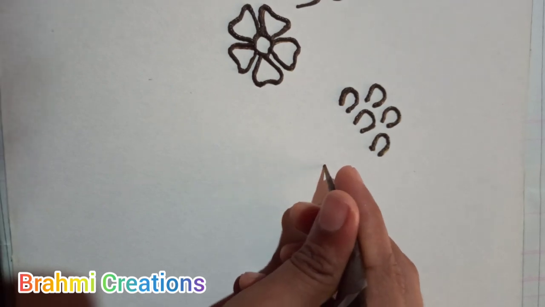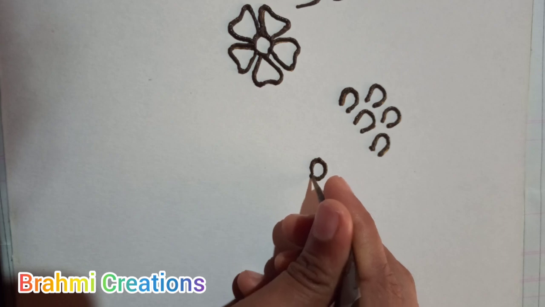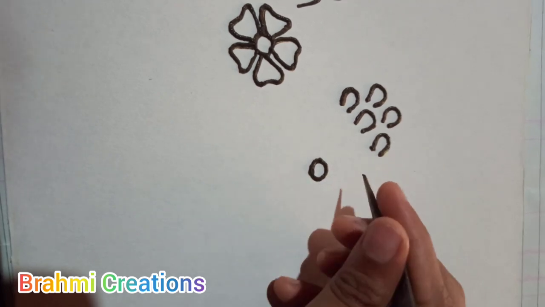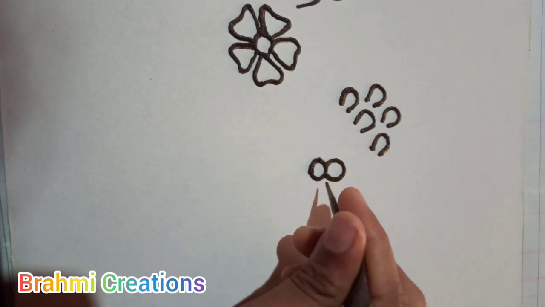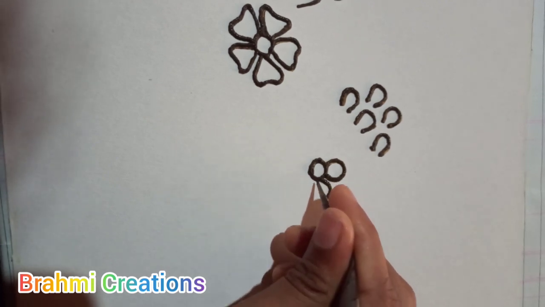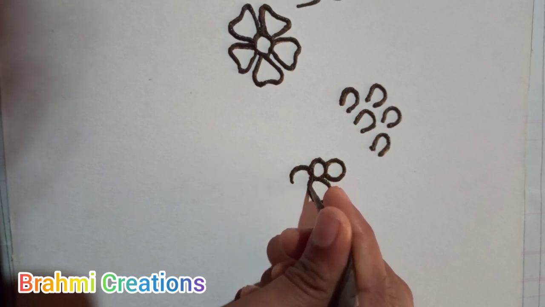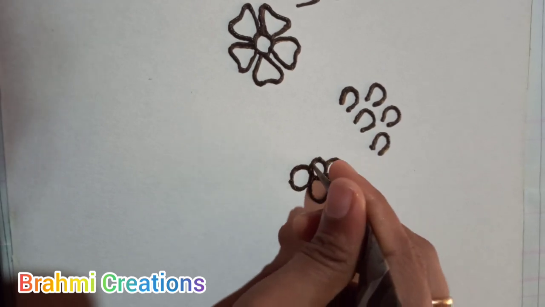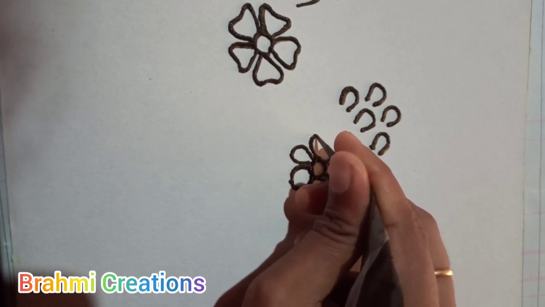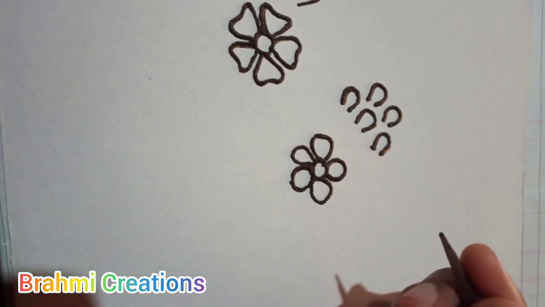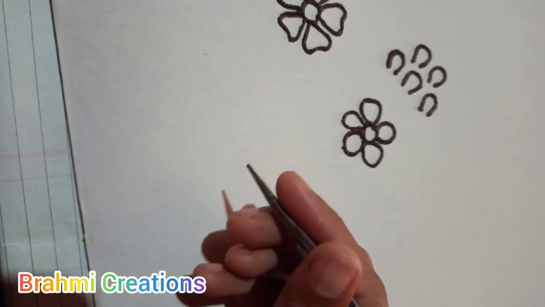Draw circle. Use this petal over circle. This is another type of flower using in Mehendi.